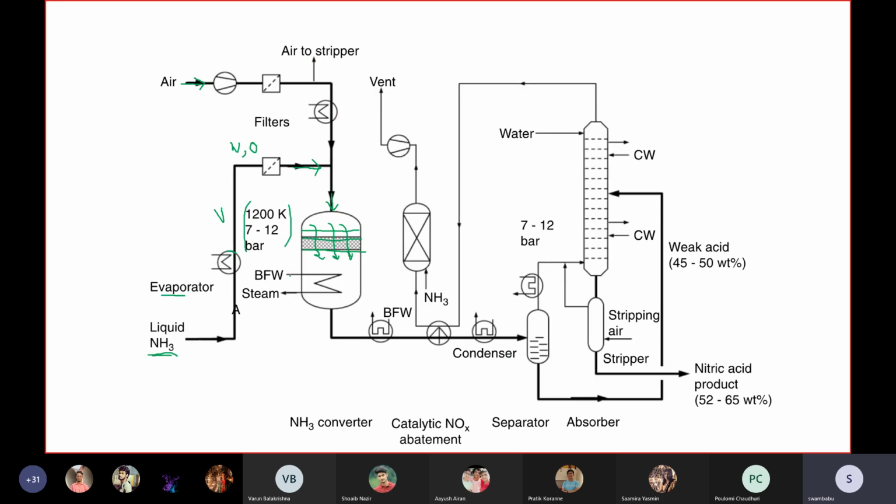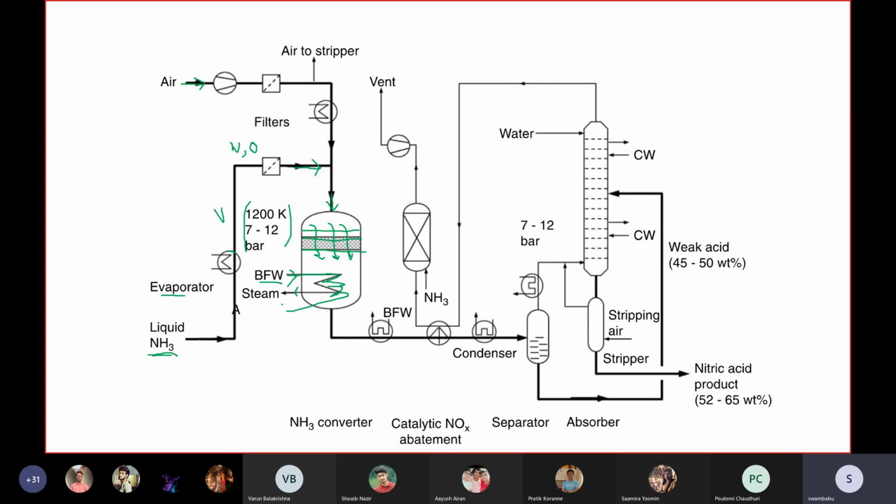So they remove the heat using boiler feed water, BFW. We have internal coils like heat exchangers. Through this coil they supply water, the heat is removed, and you will get steam outside.